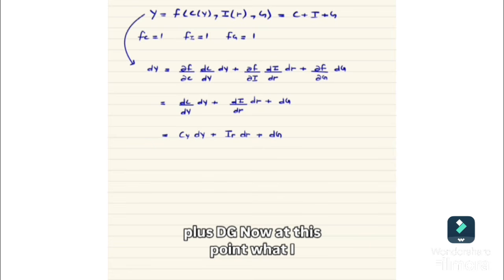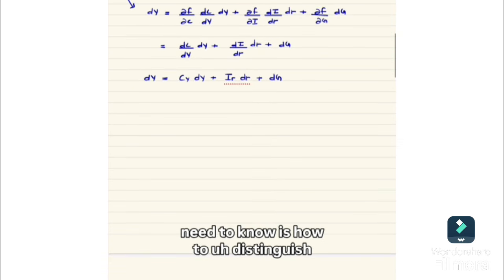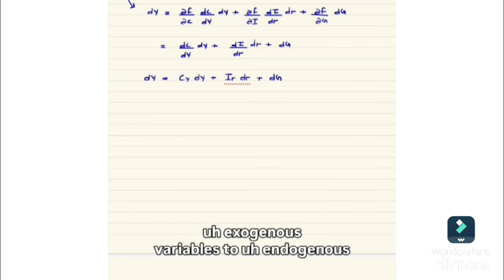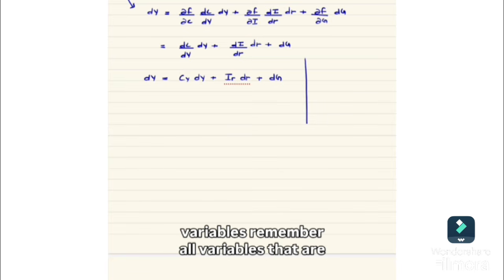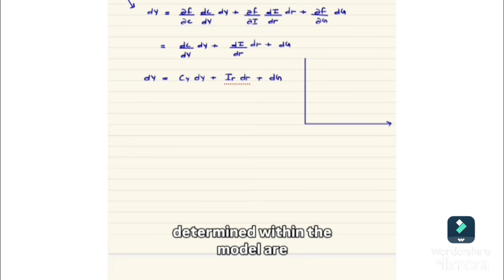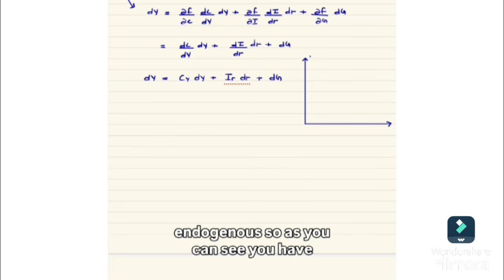Now at this point, what I need to know is how to distinguish exogenous variables from endogenous variables. Remember, all variables that are determined within the model are endogenous. As you can see, you have interest rate and output on the axes.